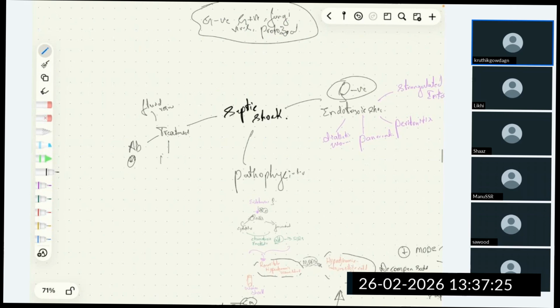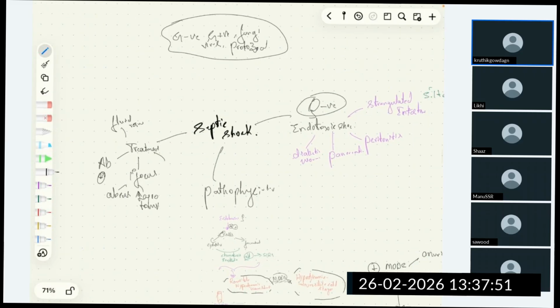Also treat the primary focus of infection: drainage of abscess in case the patient has infection and abscess collection anywhere in the body, laparotomy for peritonitis, resection of gangrenous bowel in case of strangulated hernia, and also wound excision or wound debridement in case of diabetic wound. The pus, urine, and discharge should be sent for culture sensitivity.